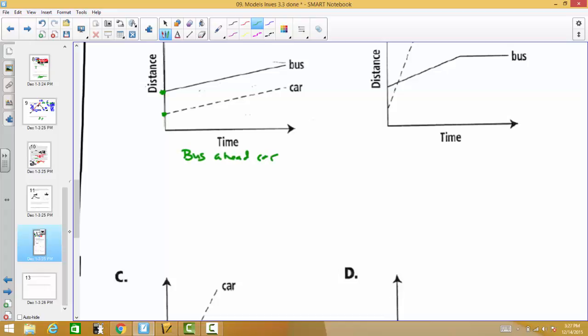See how its distance is farther? The bus is ahead of the car, and it stays ahead of the car. So they must be traveling the same speed. And they stay the same distance apart.